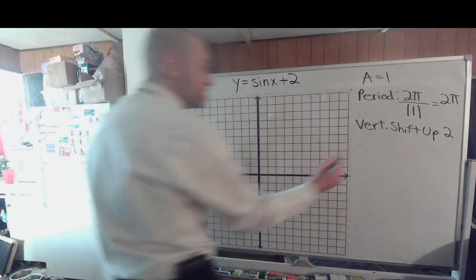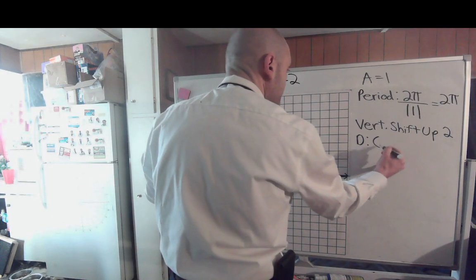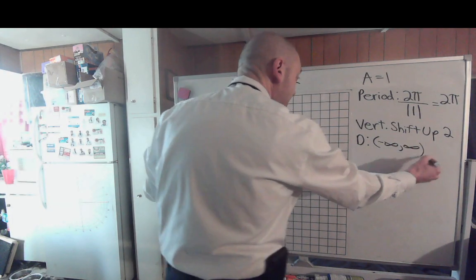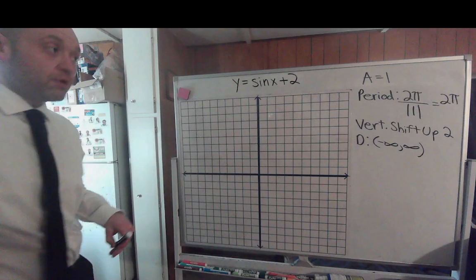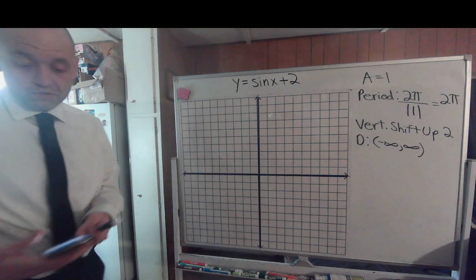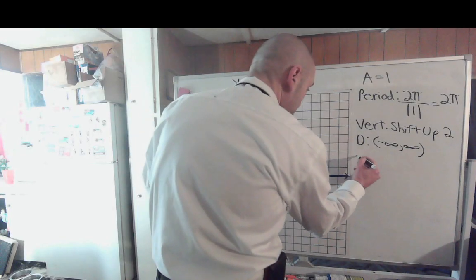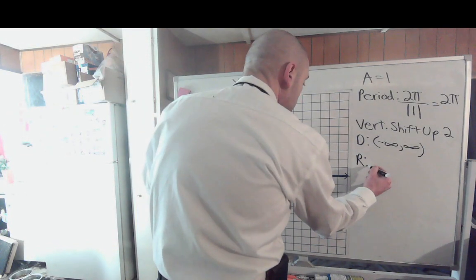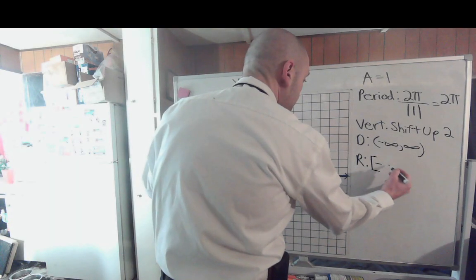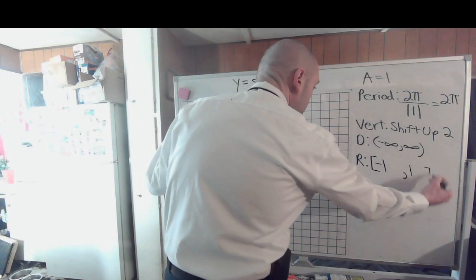Also, let's look at the domain. So the domain, again, for the sine function, is all real numbers, from negative infinity to infinity. That hasn't changed. However, I promise you, your range is going to change with that vertical shift, because what's the normal range? The normal range, of course, is from negative 1 to positive 1, right?